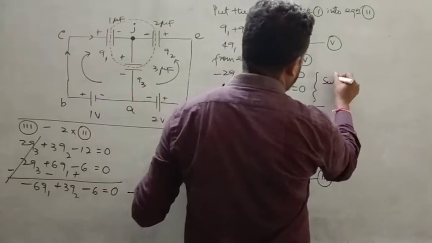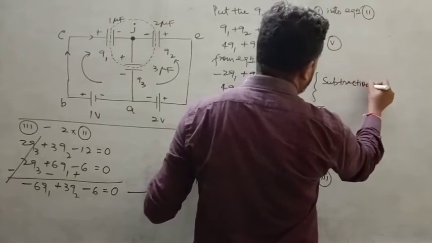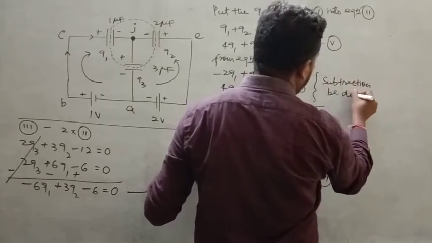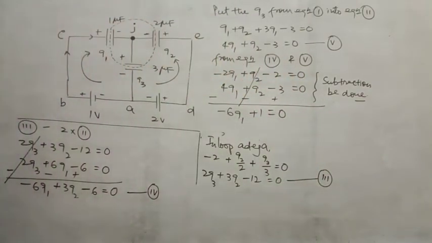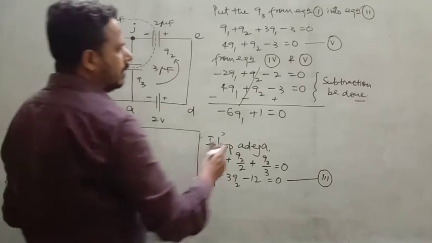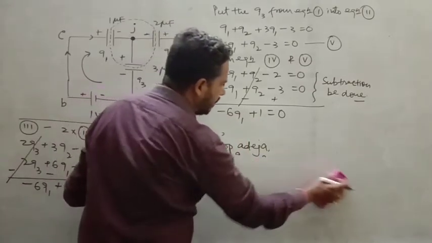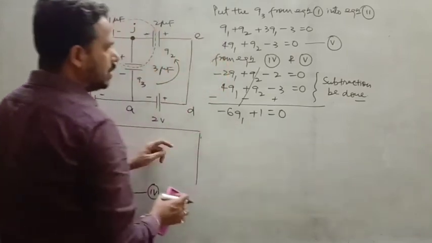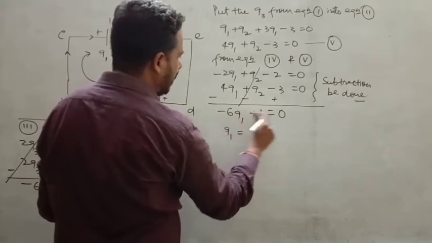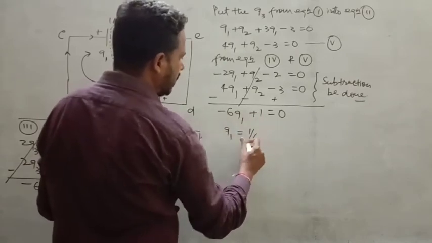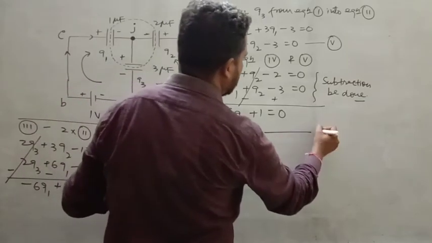So from here you see that plus 1 minus 6 q1 is equal to 0. So your q1 will be 1 by 6, and this is equation 6.